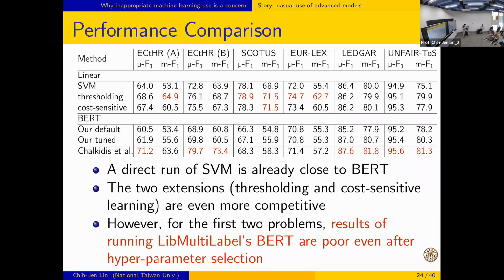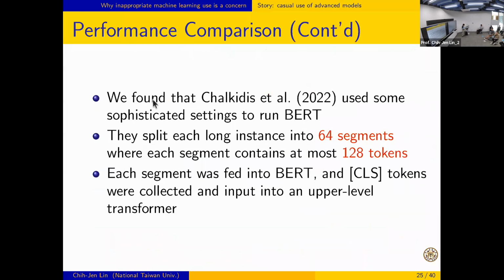So what happened? Of course, then we need to do some study. It turns out that for the first 2 data sets, they use some more sophisticated settings to run BERT. It's not a direct run of BERT. What they did is split each long instance into 64 segments, and each segment contains at most 128 tokens.